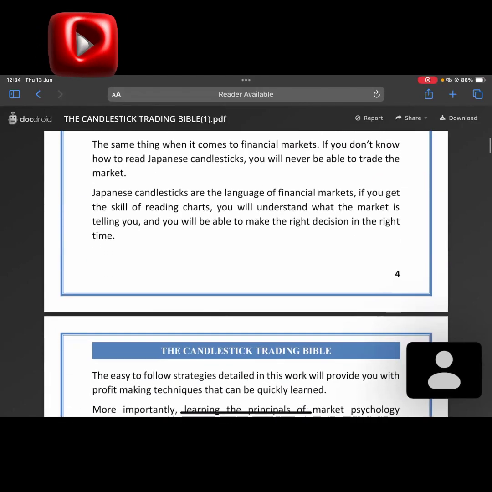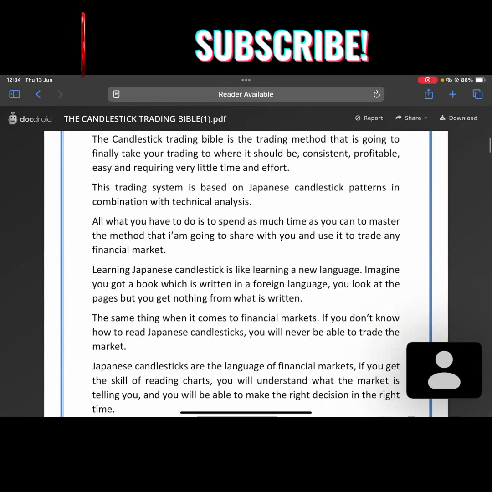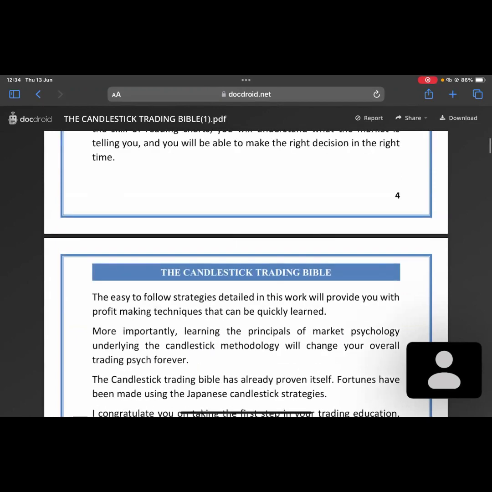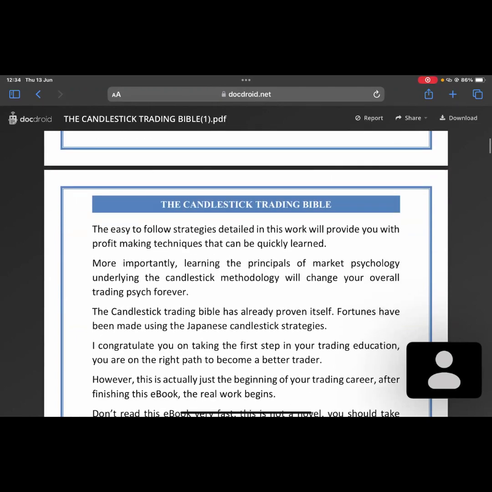Candlestick is like the language of the market. Without candlesticks, you can't really understand what price is telling you, what the market is doing.